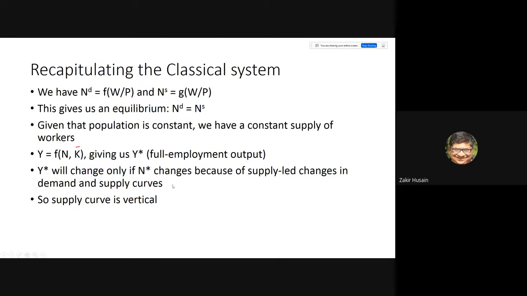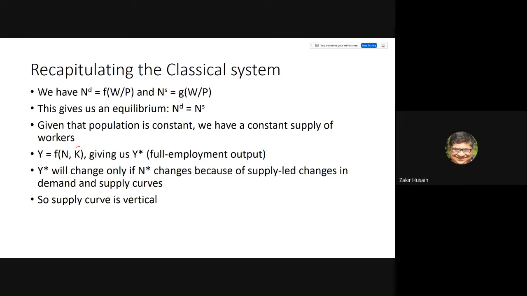But the point that I want to emphasize now is that only if the equilibrium labor is changed, Y star will change. So that means Y depends only upon the labor supply. Now when does N change? N star will change if there's a shift in the labor demand curve or a shift in the labor supply curve.